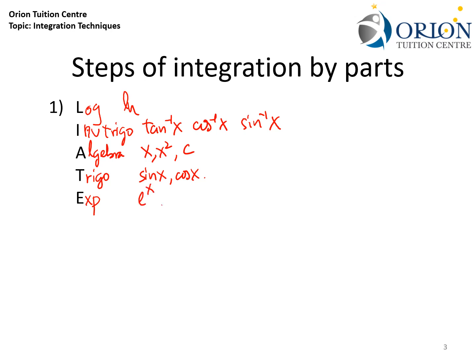The rationale behind using this LIATE rule is that as we move down the list, the first term that we encounter will be the term that we differentiate, and the other term will be the term that we integrate. Next, we follow a standard template to write the integral as such, a square bracket followed by an integration. What we will do is, in this square bracket, I am going to do only integration.